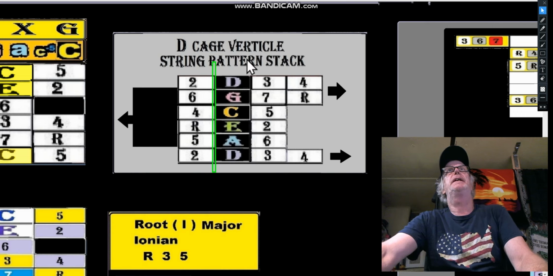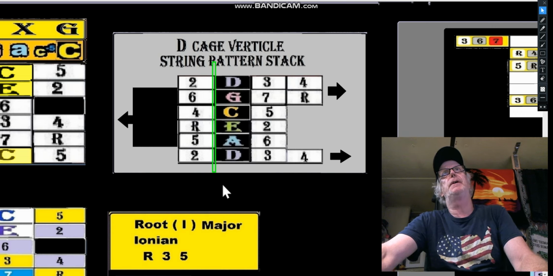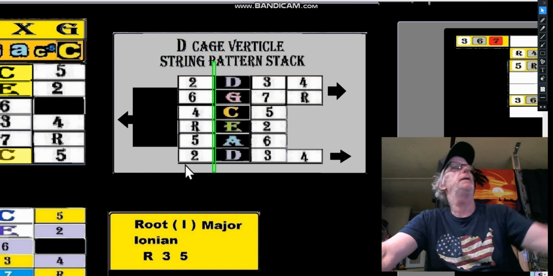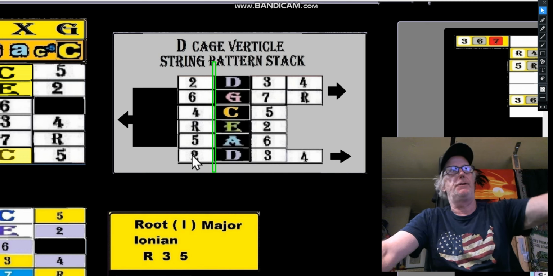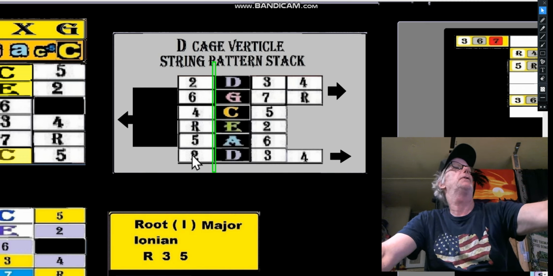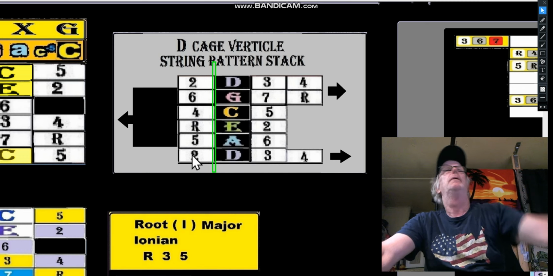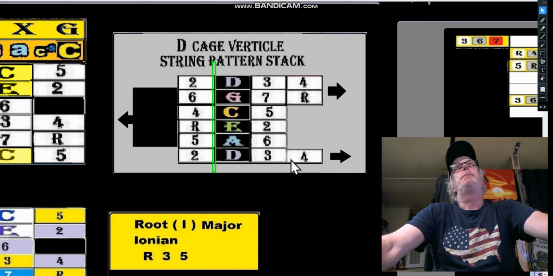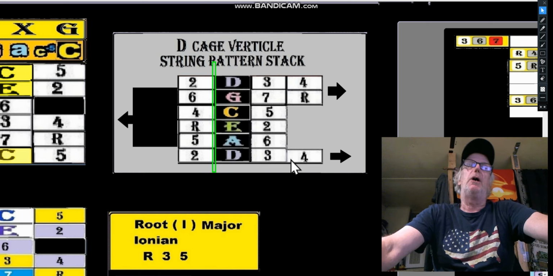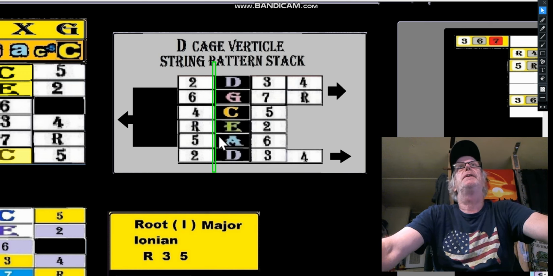So that's the key of D open string region on the fret nut, where the low E would be the second in D. You could only go, so that's all you get. You can't even do a good pentatonic on it. You'd have to do a long pattern. We're not going to get into that, but you certainly would have to.